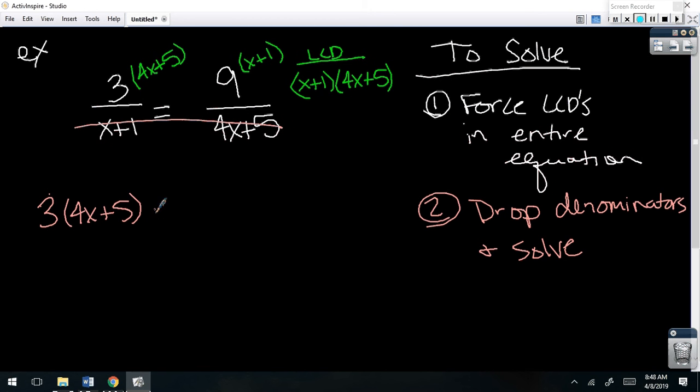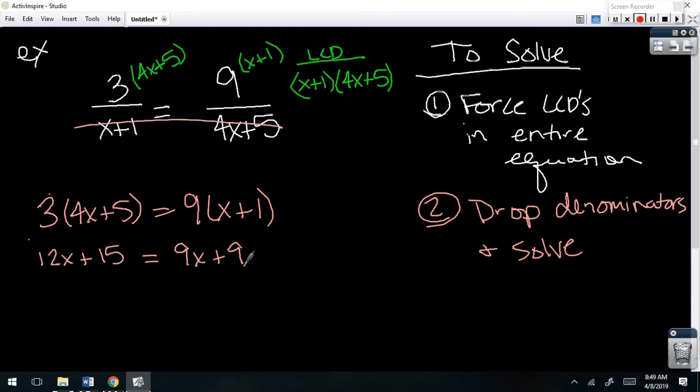This is everybody's favorite section always when we get here. 9, yes, but I'm going to take it a step at a time. Now you can solve. This is an easy solve. So Joseph already told us it's 12x plus 15, and it's 9x plus 9.